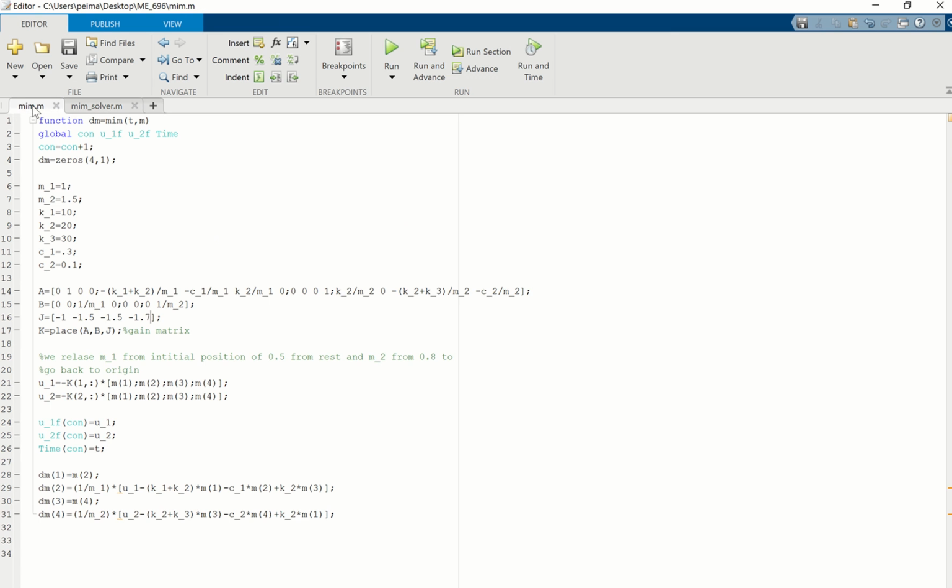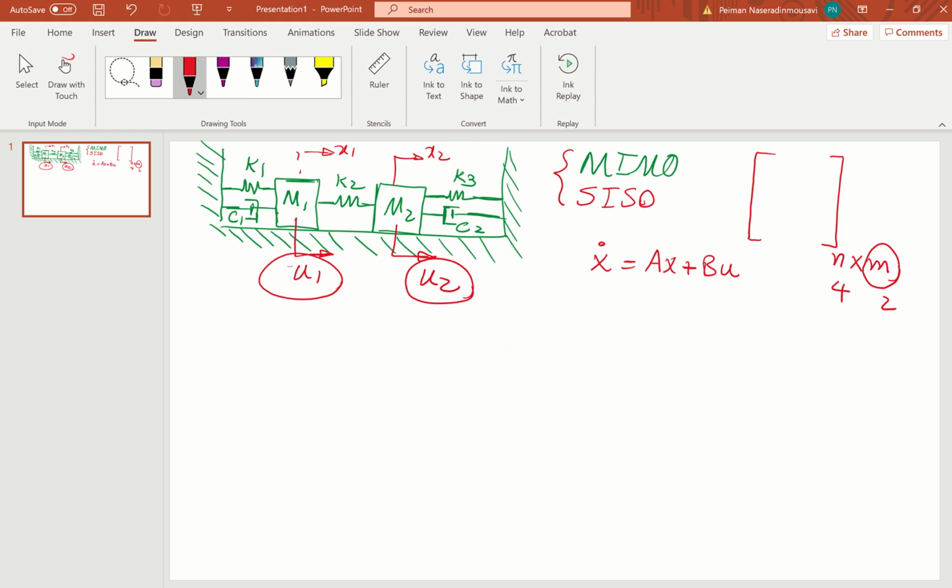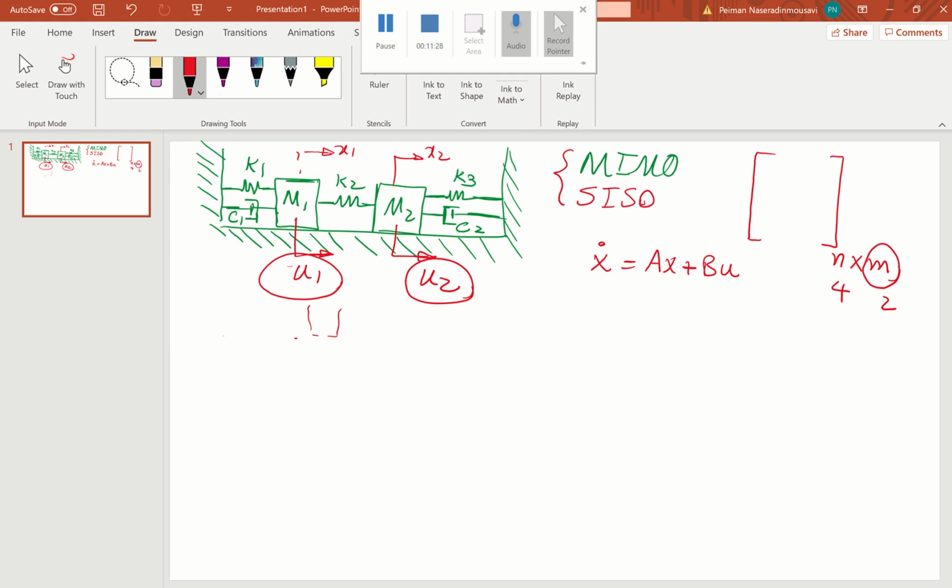Okay. So in the previous class, including this class, okay, it's recording. We release the masses from non-zero initial conditions and they return to the origin. That's right. The origin is here.